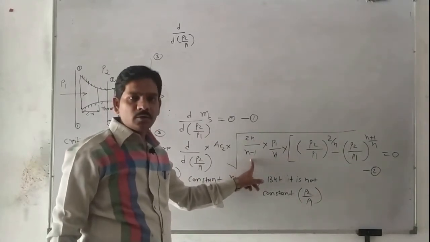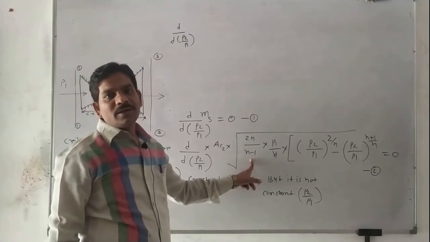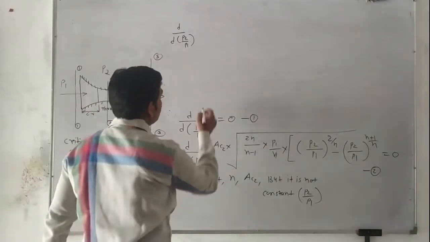If you remove the under root, what is the value of the under root? The value of the under root is 1 by 2. Correct. Okay. So what is remaining here?